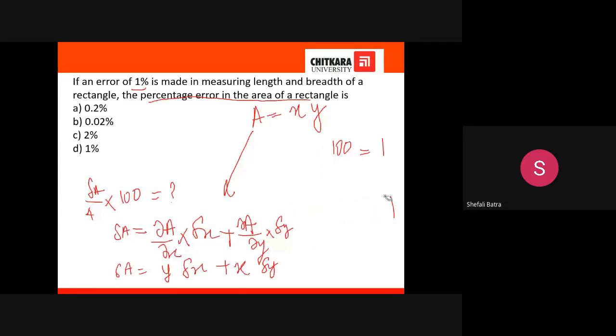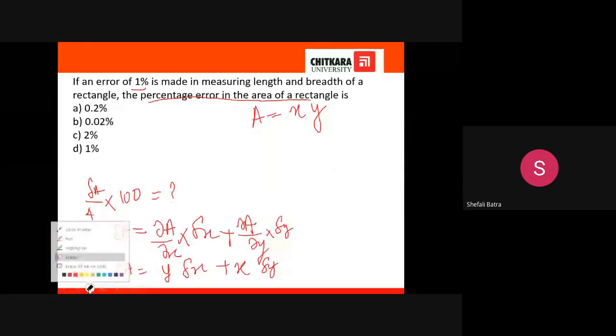Now see what I need. I need to find out this, right? So now what is required? I need to divide this error in A with A. So I'm dividing by A on both sides.